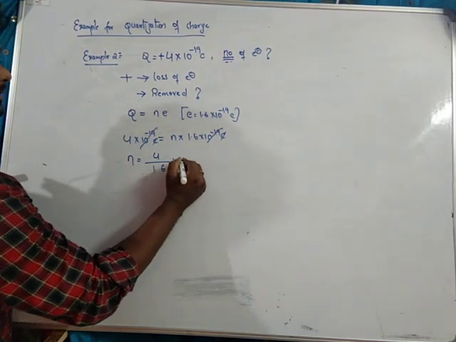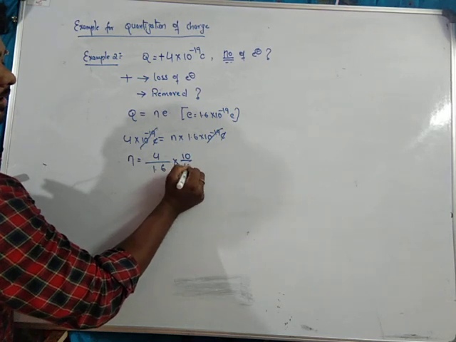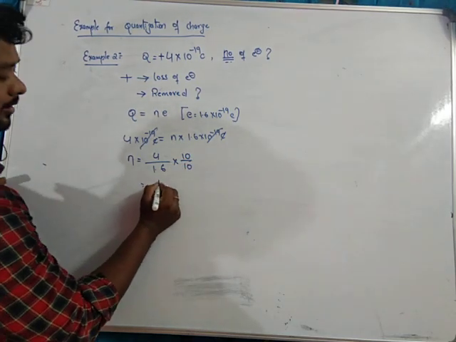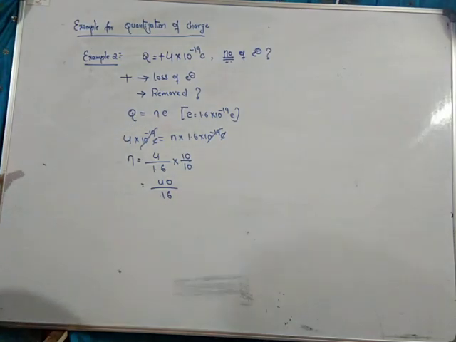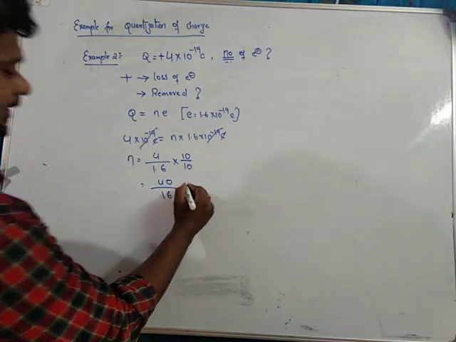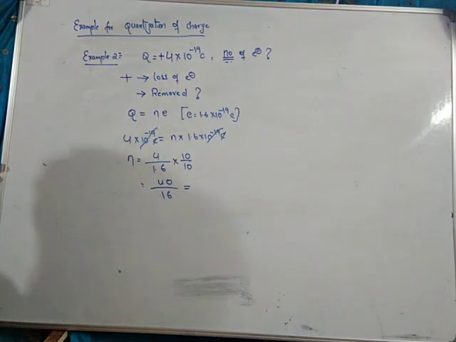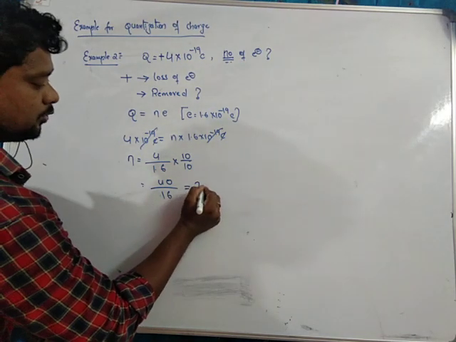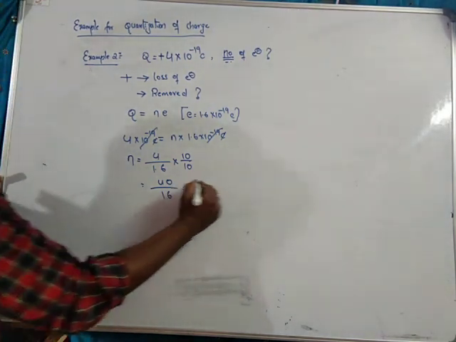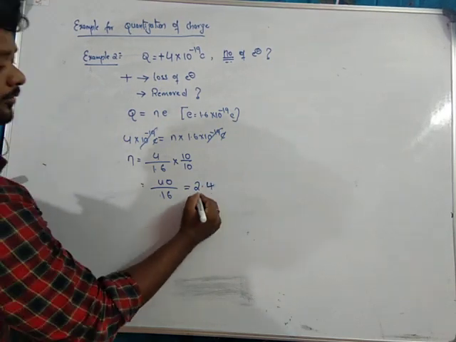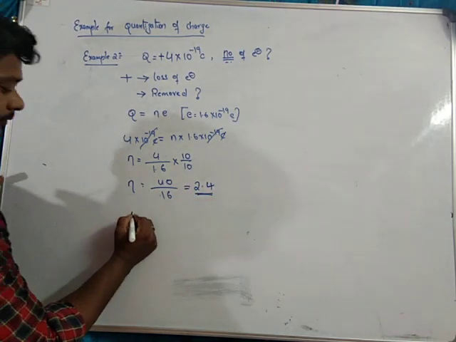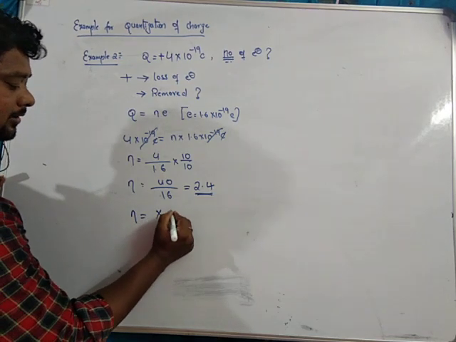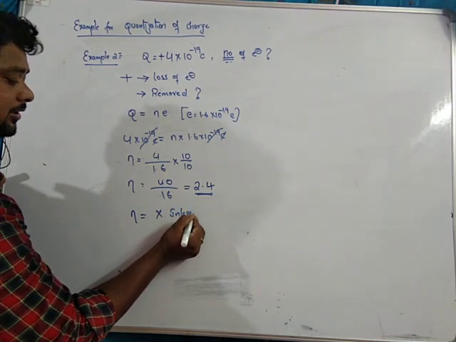If you multiply it with 10 on top and bottom, we get 40 divided by 16, which gives 2.4. So N is equal to 2.4, which is not an integer.